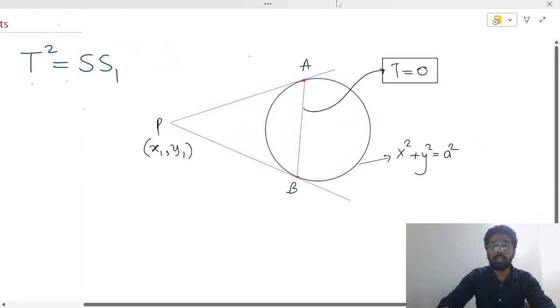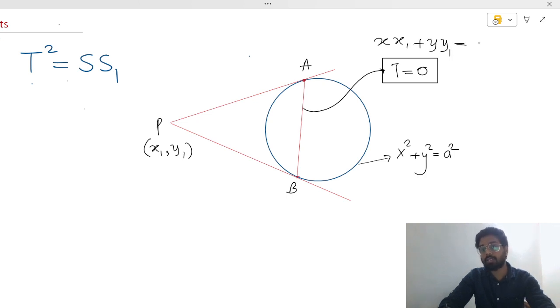So what is T equals 0? It is xx1 plus yy1 equals a squared. This is the equation of the chord of contact. Let's assume a point from here, say h comma k, and drop a perpendicular from here.